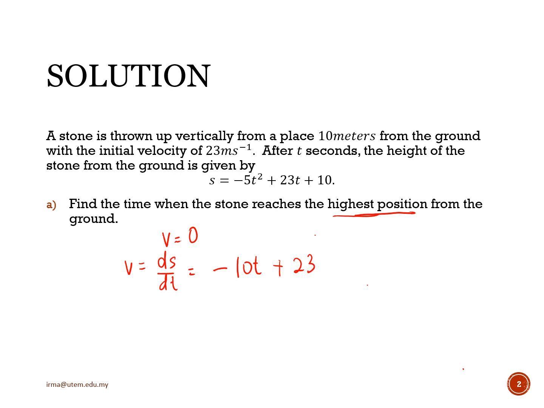So the highest position is when v equal to 0. Right, so from here we can solve for t. So we'll have 10t is equal to 23, so t equal to 23 over 10, which is equal to 2.3 seconds. Okay, so the stone will reach the highest position from the ground at t equal to 2.3 seconds.